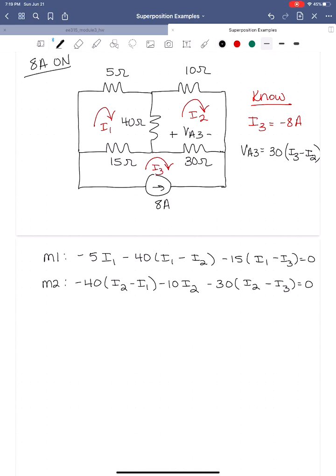Okay, let's simplify these real quick. So we'll have minus 60 I1 plus 40 I2 is equal to, so I3 is equal to -8, so we're going to have this equal to 120.